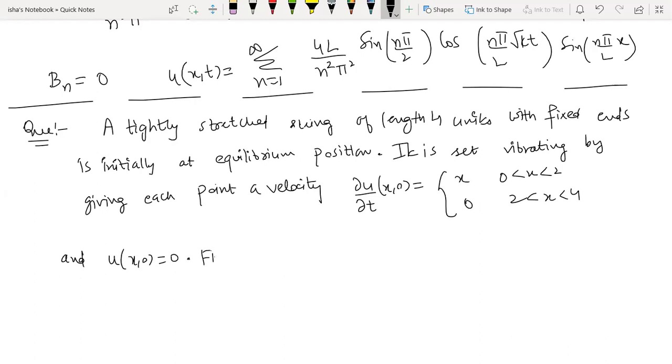So find the displacement u(x,t). So clearly they are asking you to find the displacement, the solution.